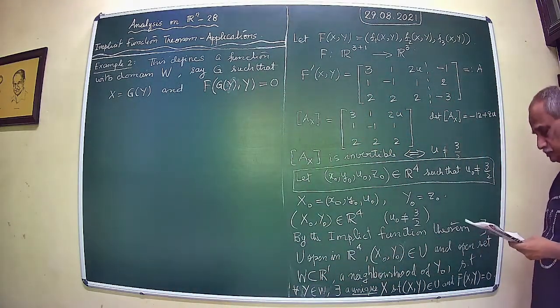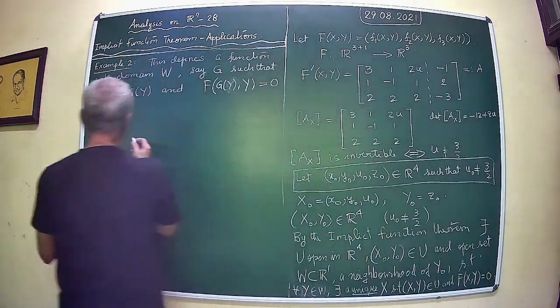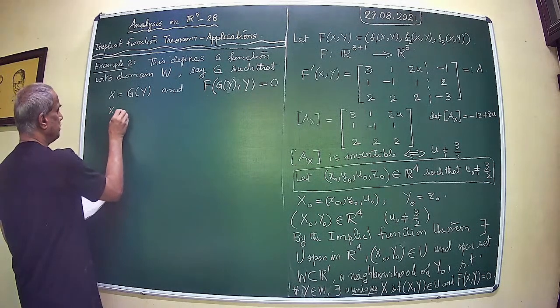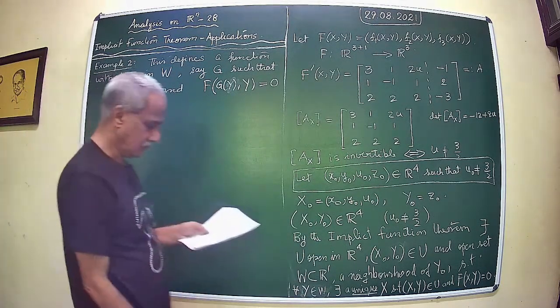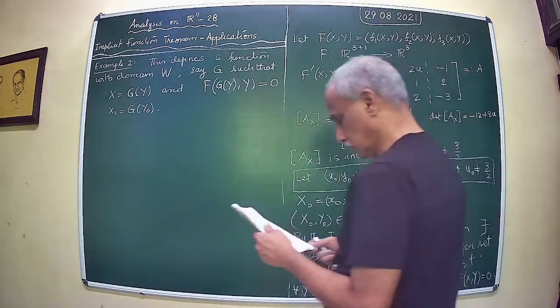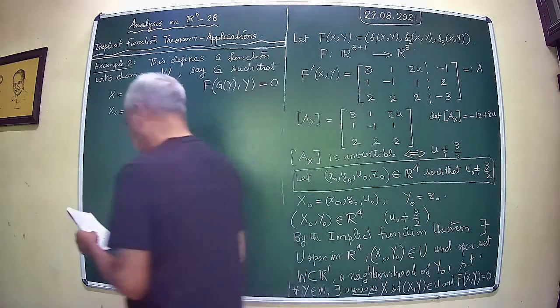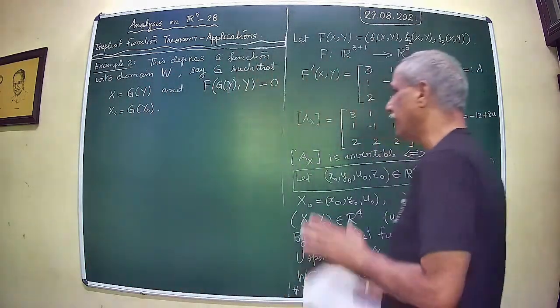Okay, and then of course you have statements about all this, and further we have x naught is equal to g(y naught). And therefore, what does it say?